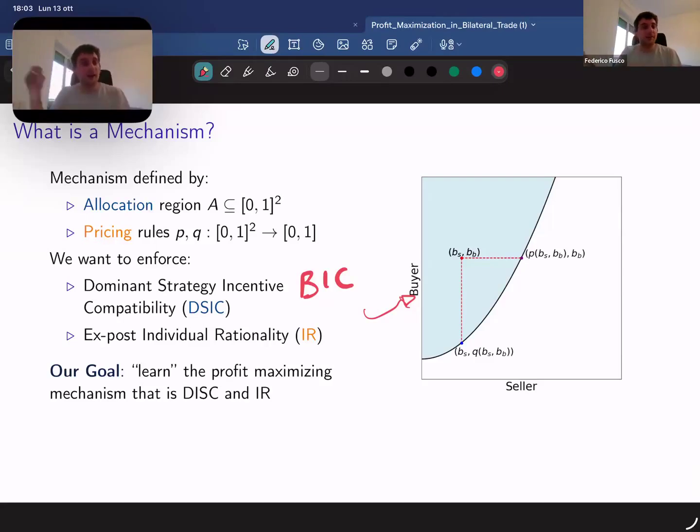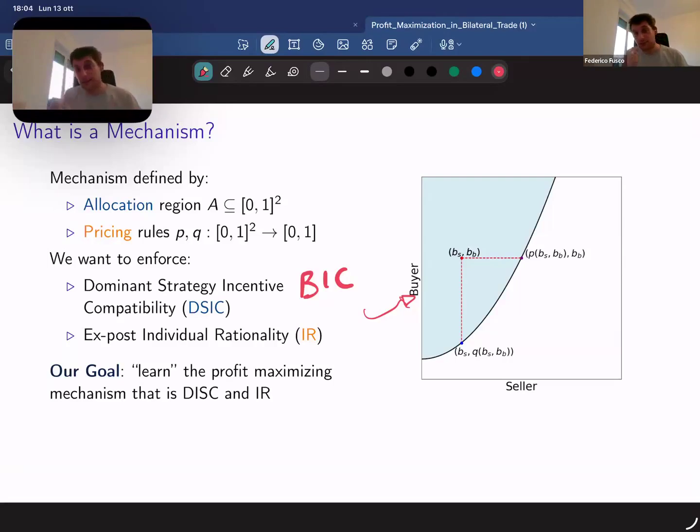Otherwise, you go to the buyer and ask the same thing. Now, it's not clear how to capture this mechanism with the allocation region argument, even with the revelation principle, even if you ask both agents what their valuations are and then run this mechanism.